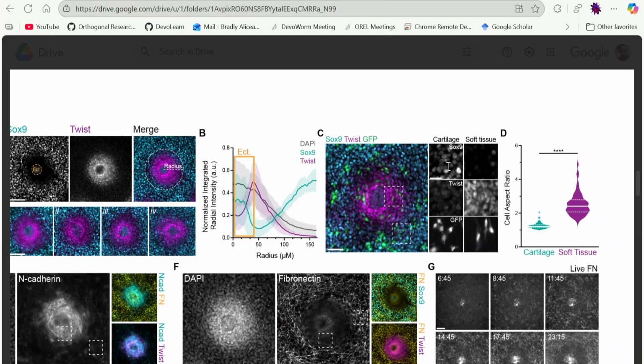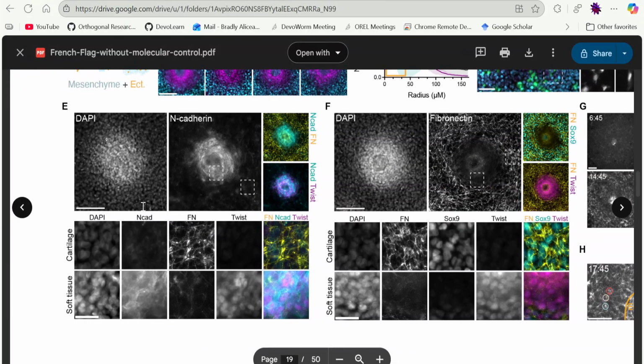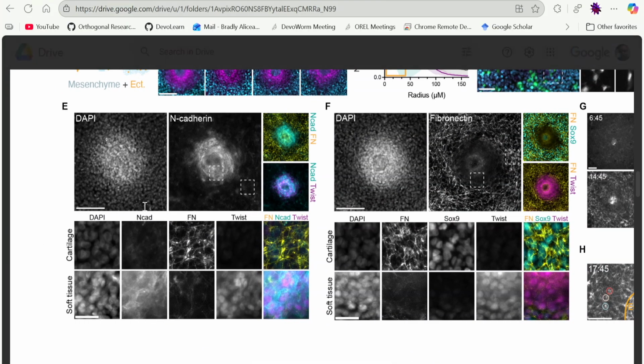And then you have different types of tissue, cartilage and soft tissue. For SOX9, you have more of that in cartilage and less of that in soft tissue. For Twist, you have less Twist in cartilage, but a lot more in soft tissue. So that's showing the spatial aspect of expression.